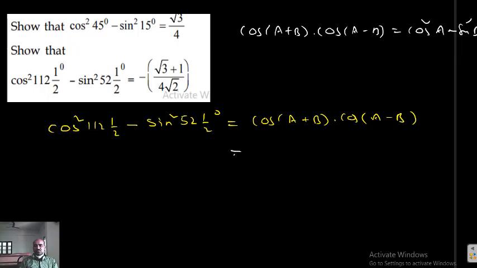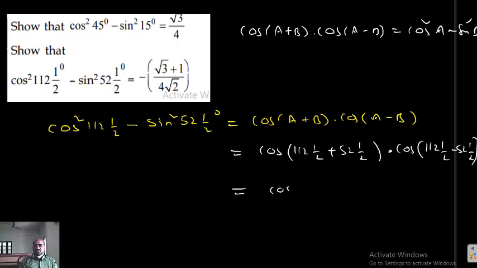So cos of 112 half degree plus 52 half degree into cos of 112 half degree minus 52 half degree, that is cos 165 degree into cos 60 degree.